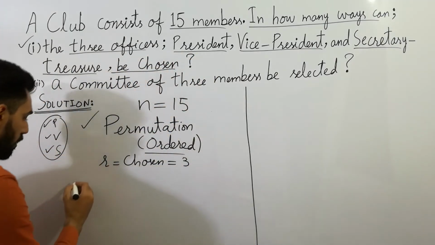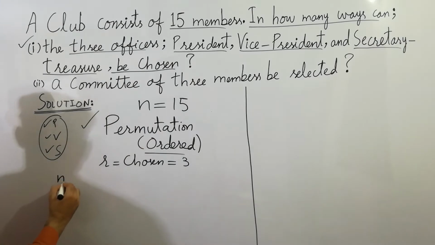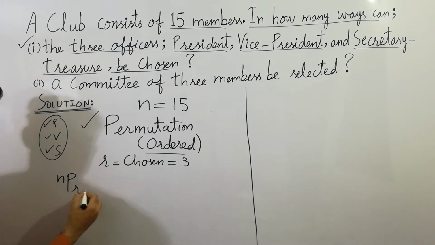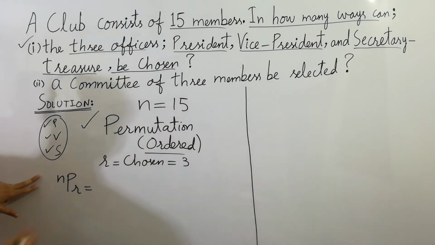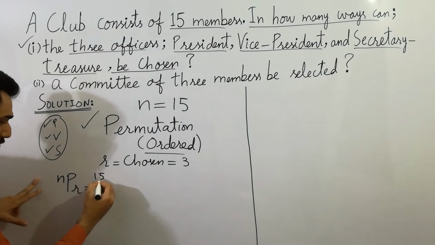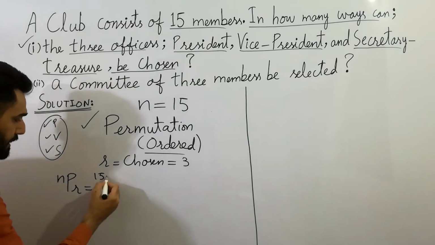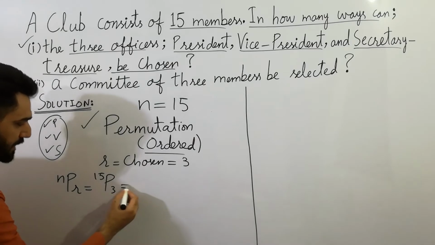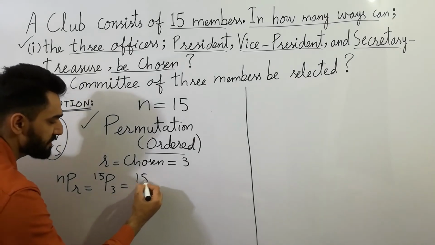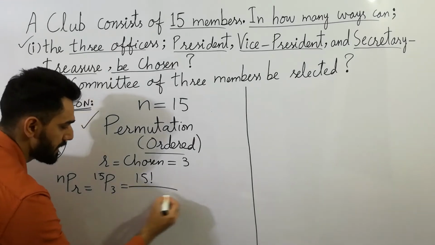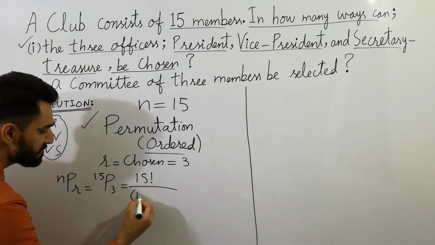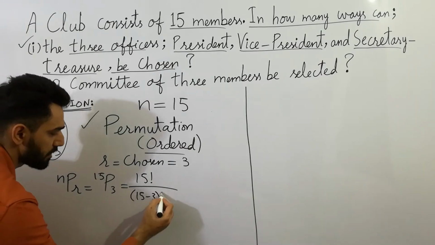That's it. Now I'm going to apply the formula nPr. That formula is very simple. 15P3. So here we can put the formula: 15 factorial divided by (15 minus 3) factorial. That's it.